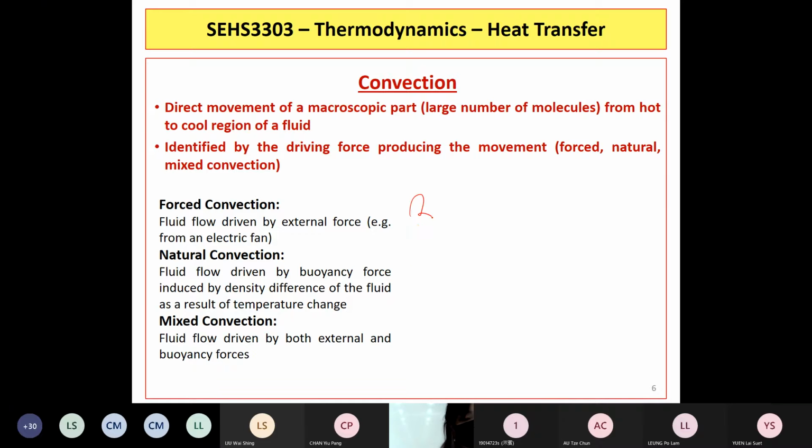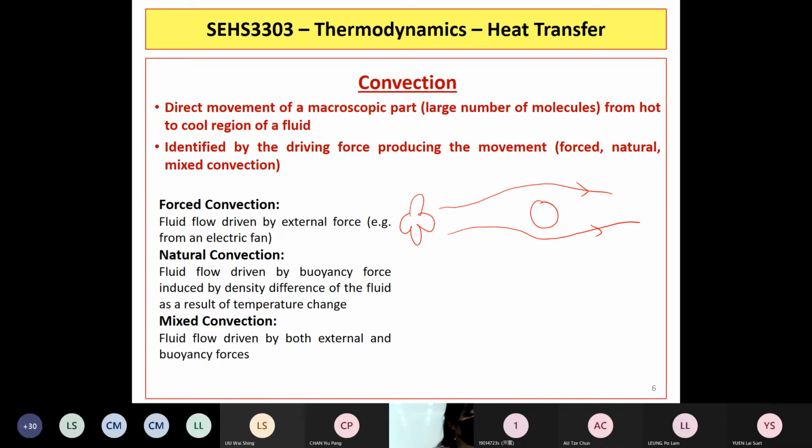If we have a big electrical fan, here we have a hot sphere. The flow driven by the electric fan, we have this kind of flow around this hot sphere. That is forced convection. The driving force is external force.